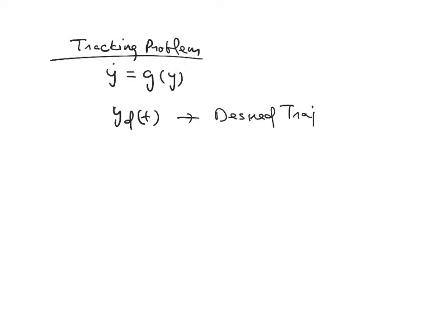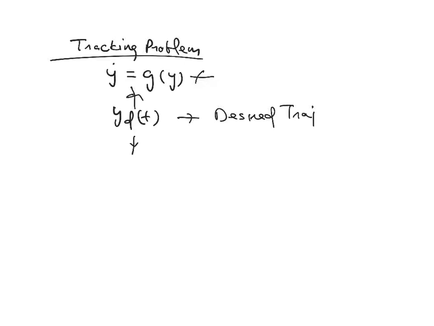So first of all, when we say we want to track a trajectory, what does that mean? It means that when we apply the control, the y desired of t should lie in the solution space. Otherwise, for it to be feasible, y desired should be a solution, in fact a unique solution, if we apply the same control.